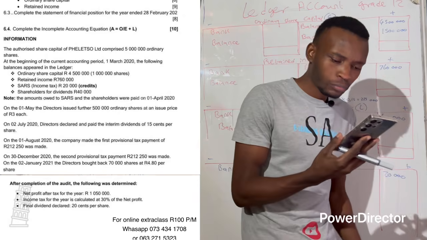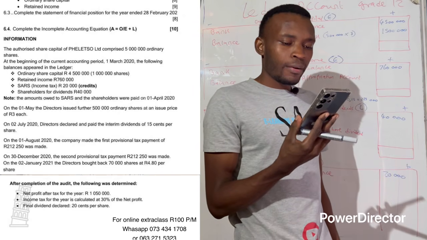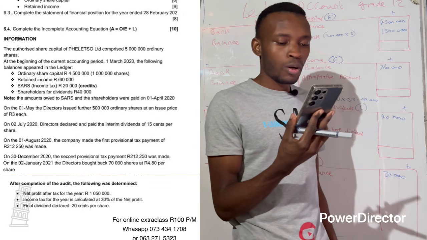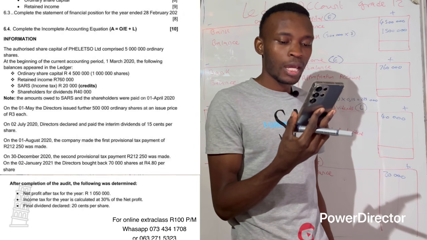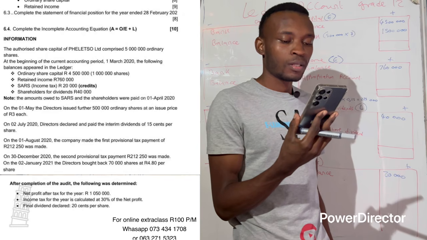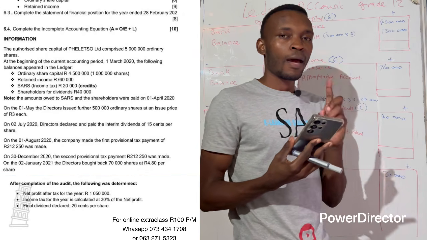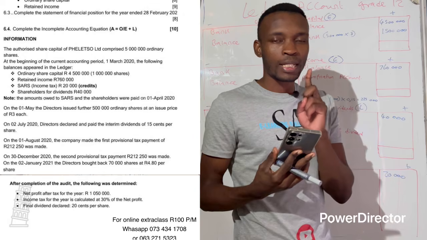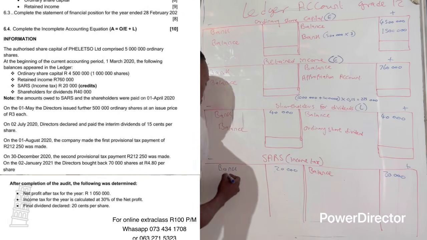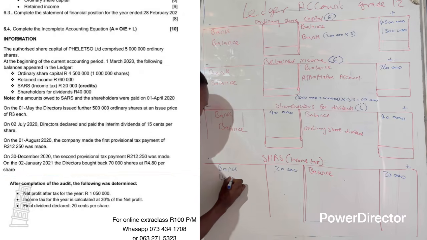Okay, now guys, the next one, on the 1st of August 2020, the company made a provisional tax payment of 212,250. The company is required to pay tax twice in a year. So they make a first payment, which means that they were trying to reduce the liability.